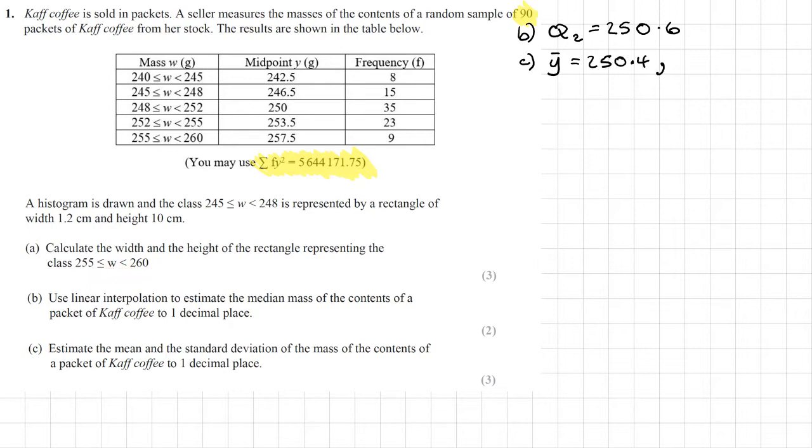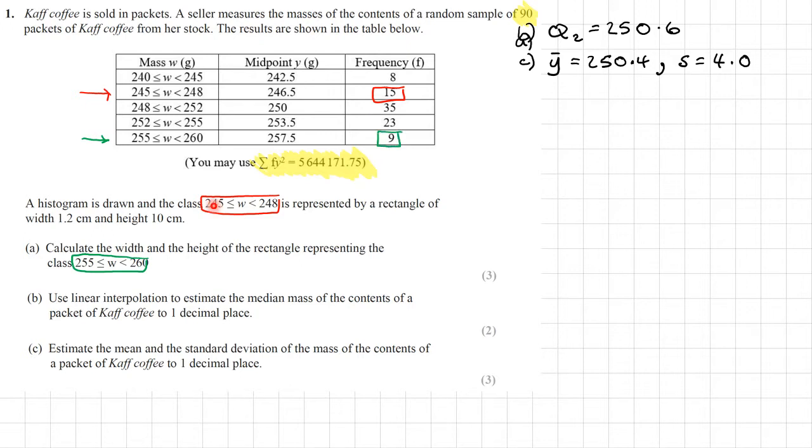So let me highlight those bits of information from the table. The 245 to 248 is this row here, and it has a frequency of 15. The 255 to 260 is the last row, and that has a frequency of 9.